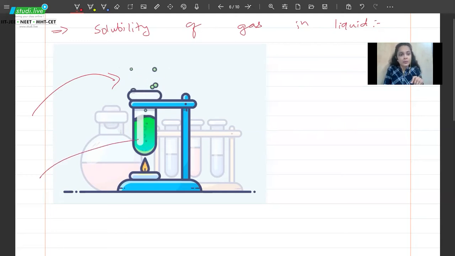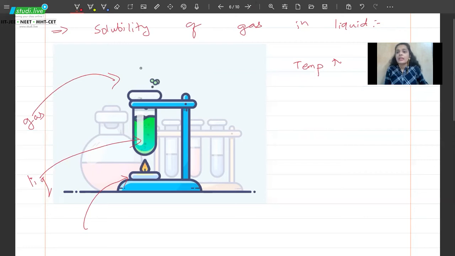This is the liquid part, and there are vapors of it, or we can see bubbles, where gas is escaping out. We are applying heat, increasing the temperature. So if I'm talking about the temperature for the gas, from our day-to-day life we can say temperature is increasing, kinetic energy is going to increase, the gas molecules are going to escape out, and intermolecular interaction will become less.